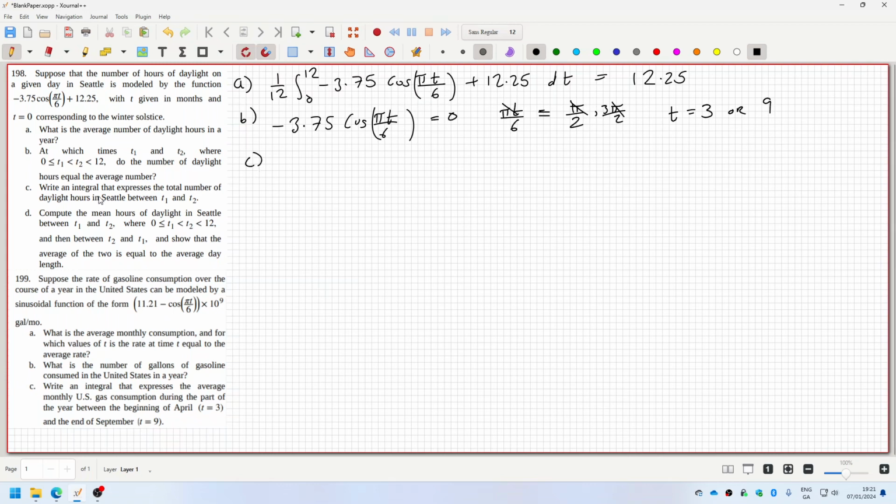C. Write an integral that expresses the total number of daylight hours in Seattle between t1 and t2. What would that be now?